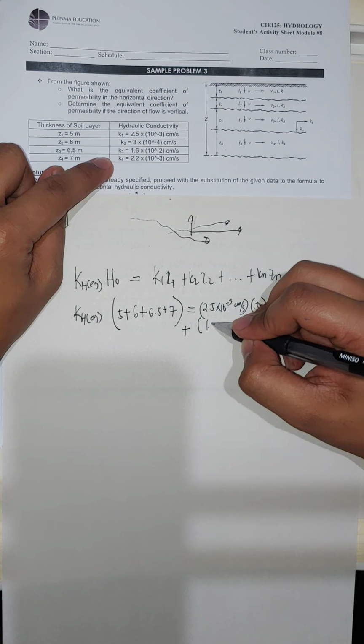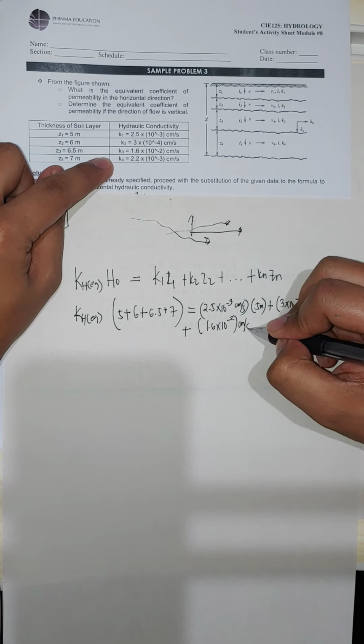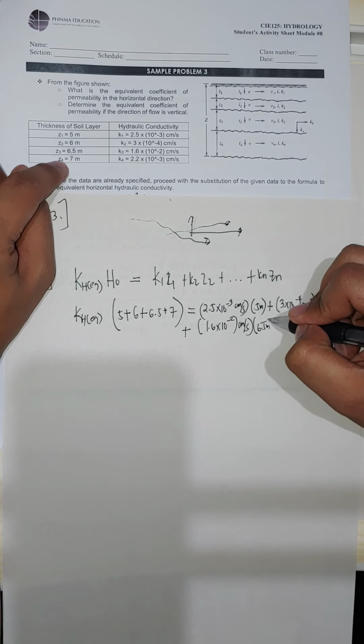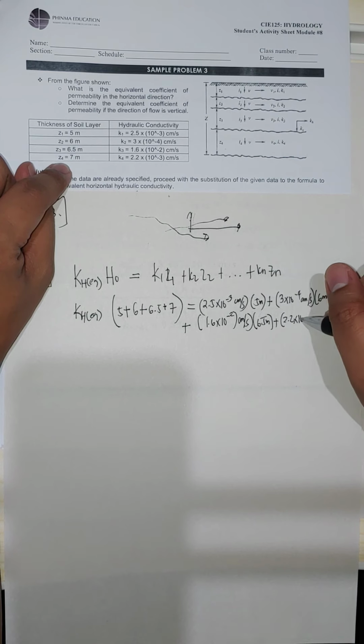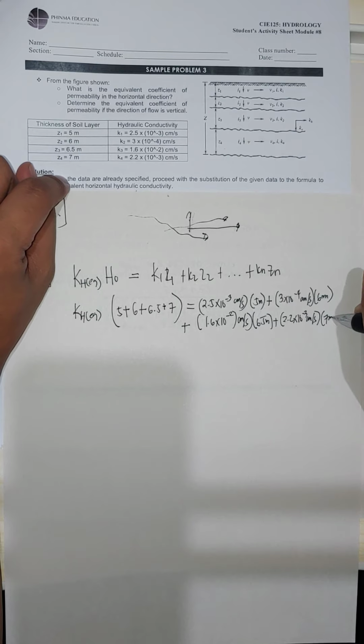Plus K3, 1.6 times 10 to the negative 2 centimeters per second, times 6.5 meters. Plus last one, that is 2.2 times 10 to the negative 3 centimeters per second times 7 meters.